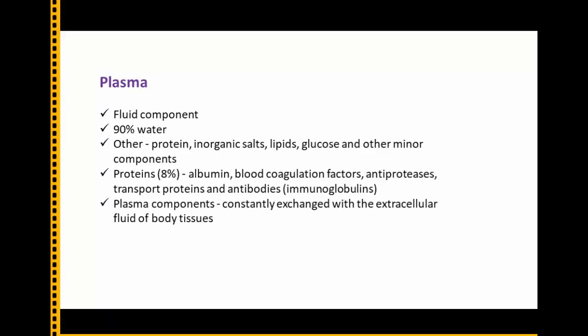So plasma. It is the fluid component and 90% of it comprises water. Apart from that, there are proteins, inorganic salts, lipids, glucose and other minor components. From that, the major component is proteins. There are various proteins: albumin, coagulation factors, antiproteases, transport proteins and antibodies.